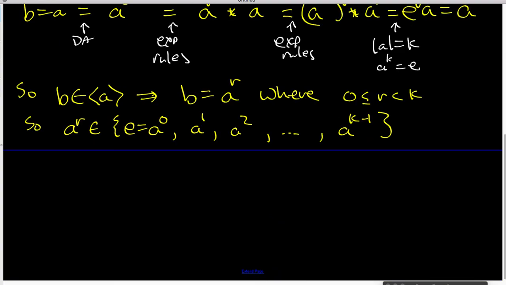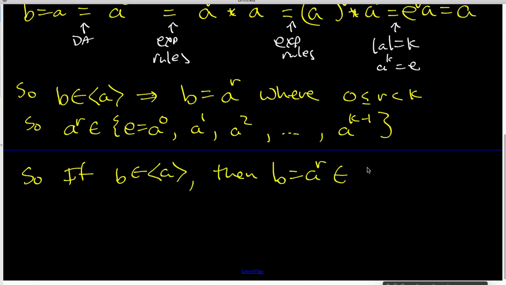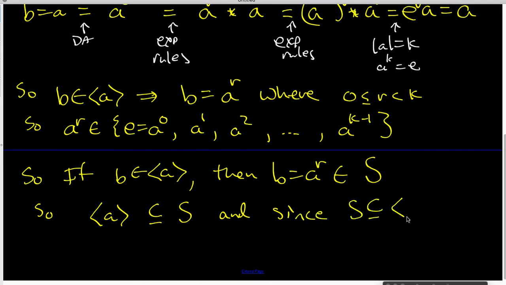And so what does that mean? That says if B is inside the cyclic subgroup generated by A, then B equals a to the r is inside that set S. So the cyclic subgroup is indeed a subset of S, and since we've already observed that S is a subset of the cyclic subgroup, that implies the cyclic subgroup is actually equal to S.